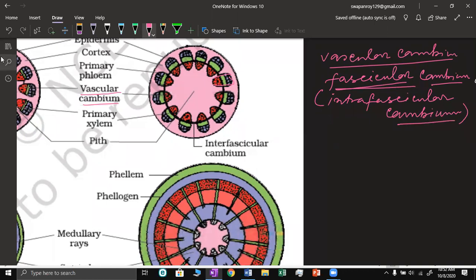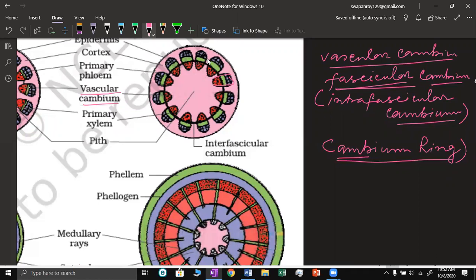During secondary growth, there is a formation of a cambial ring. A continuous cambium is produced. How is the cambium ring produced?